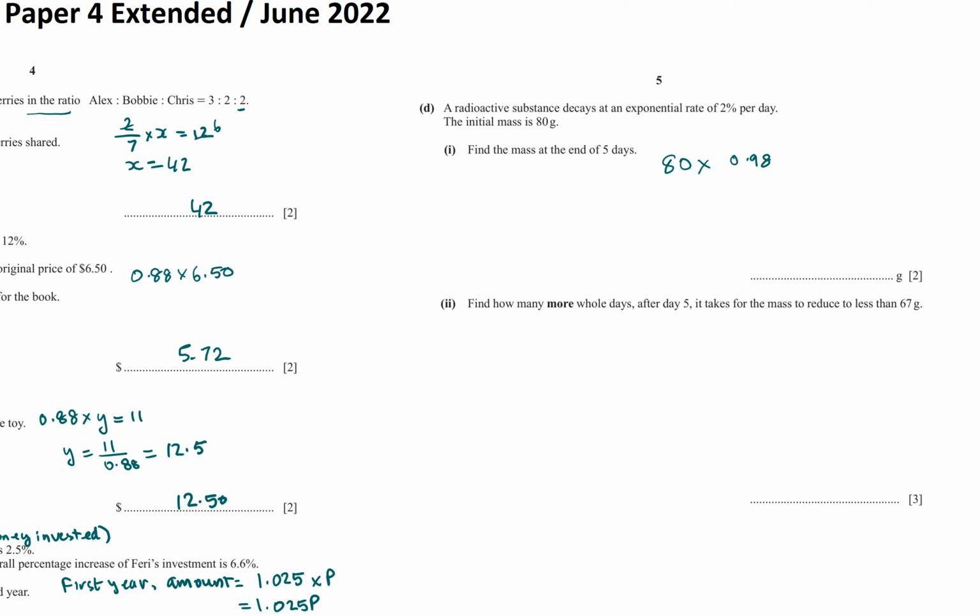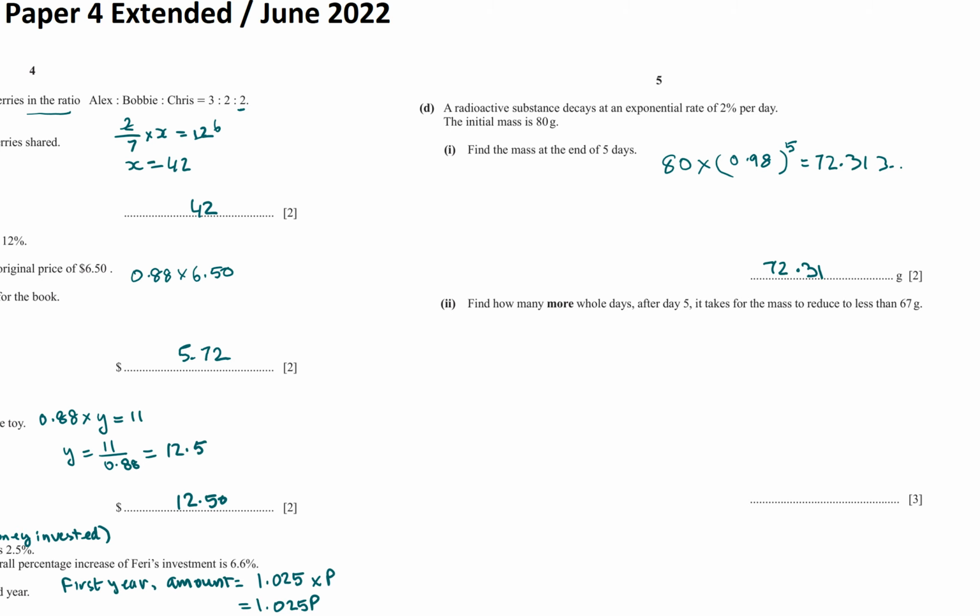So 0.98 to the power 5 because it's after 5 days. Multiplied by 80, that's 72.31 and so on. So I can write 72.31 as the answer.